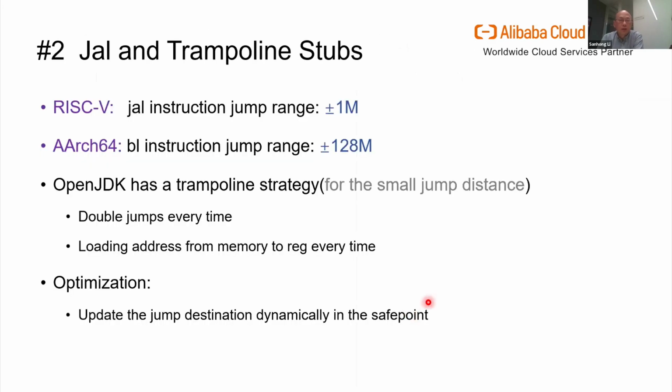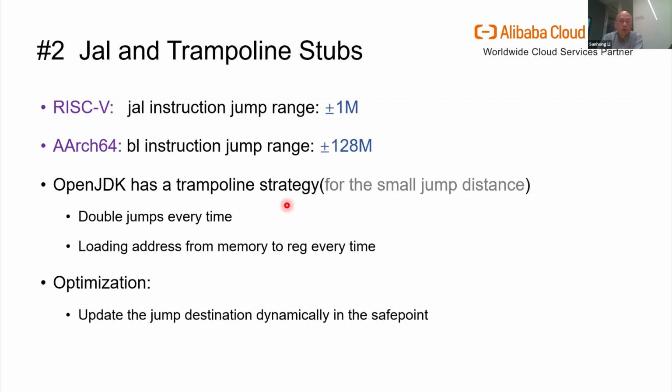Another optimization is about the trampoline. Why we need this optimization: in RISC-V, the JAL instruction has a small jump range, about 1 megabyte. Compared to other platforms like AArch64, where the jump range is 128 megabytes, it is a big difference. In OpenJDK, a trampoline strategy is used for method calls.